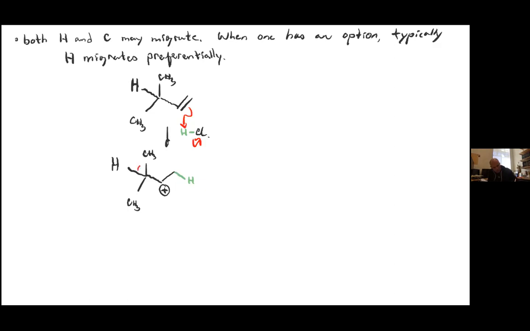So if we go this way, H migration, I get to that cation.